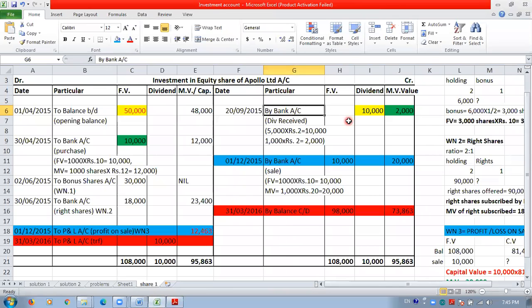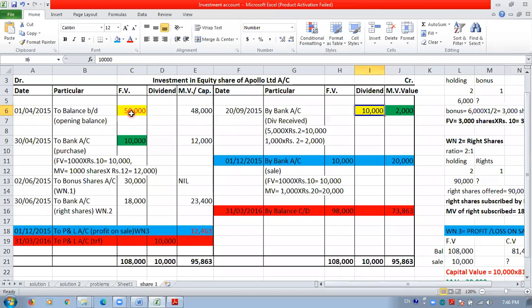Okay. So whenever you are going to enter the dividend, you have to keep in mind that you calculate the dividend on the opening balance shares first and enter the dividend amount in the dividend column. Only the opening capital is eligible for dividend, because Mira held this on 31st March 2015.